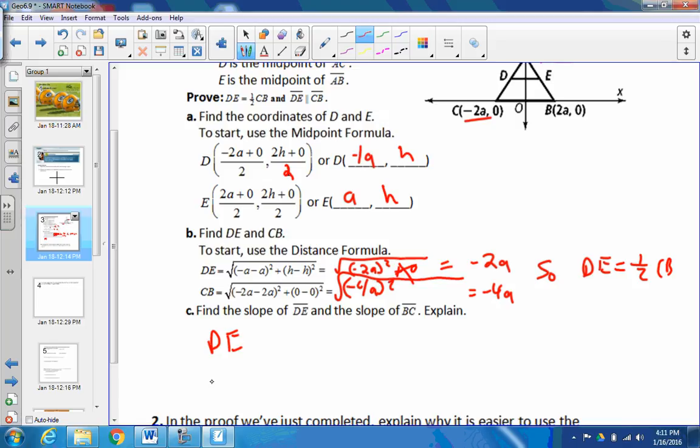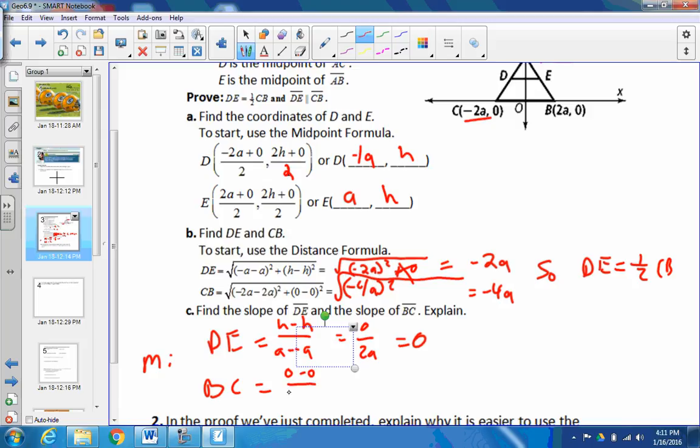It's a 0 slope. But DE equals y2 minus y1 over x2 minus x1. That's going to be h minus h over a minus negative a. So it's going to be 0 over 2a, which is equal to 0. 0 slope. So the slope of BC is going to be y2 minus y1, which is 0 minus 0.